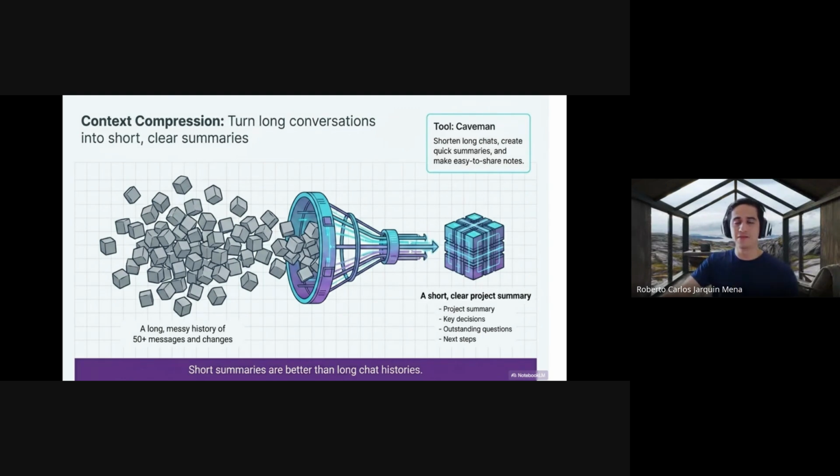And if you have even more than that, you can ask the AI, okay, summarize this, take the goal, the key decisions, the open tasks, the next steps, the main goal, and you basically get a compact summary. And you can even take that and open a new session with that information.